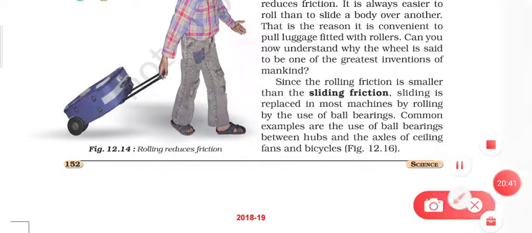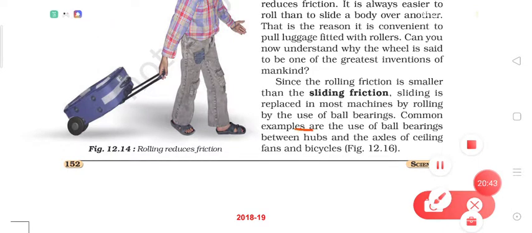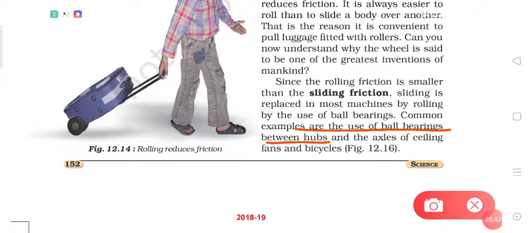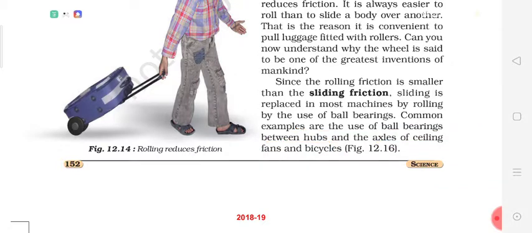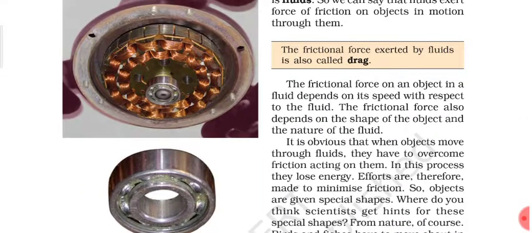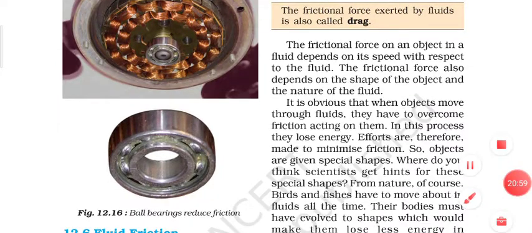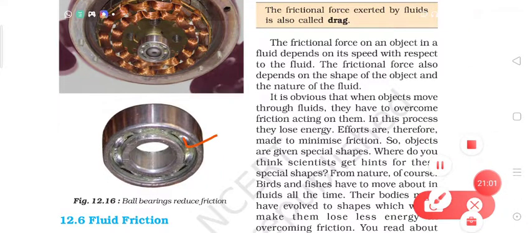A common example of using rolling friction is the use of ball bearings between the hubs and axles of ceiling fans and bicycles. Here you can see this is a ball bearing, right? And in a ball bearing, what happens?